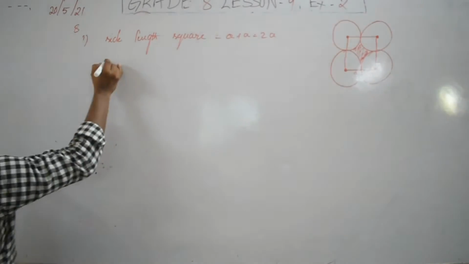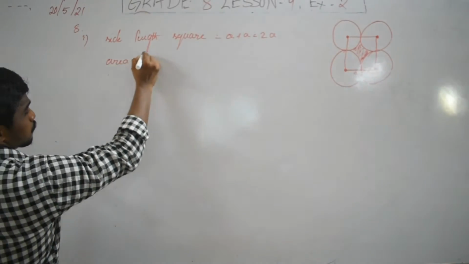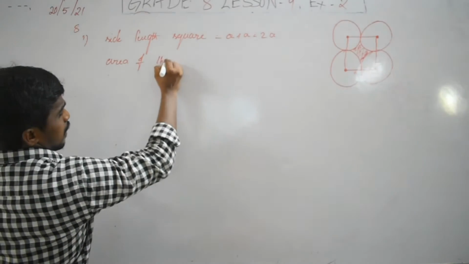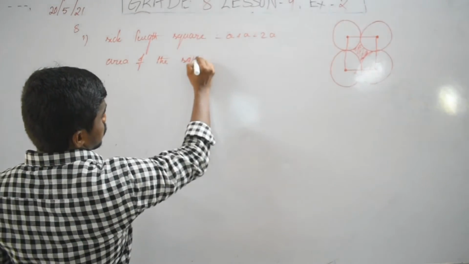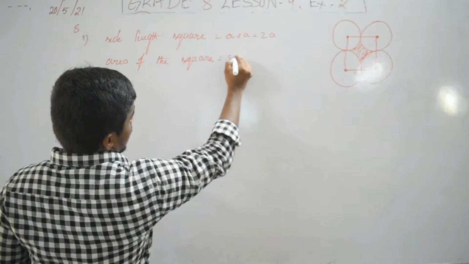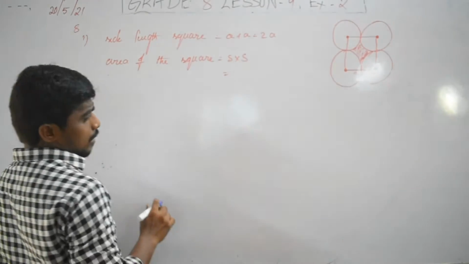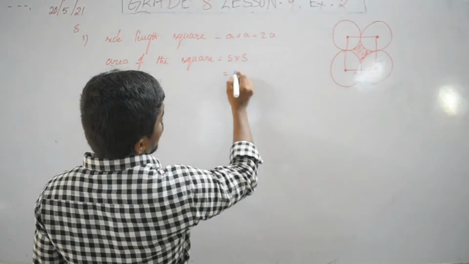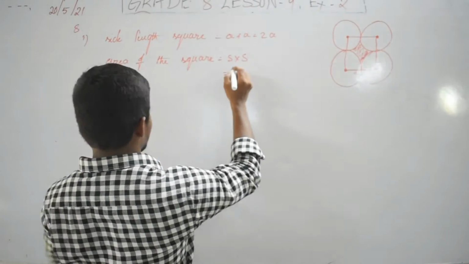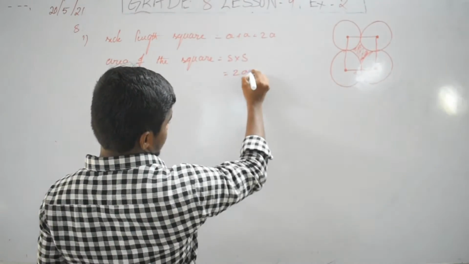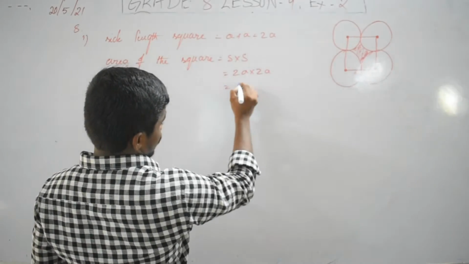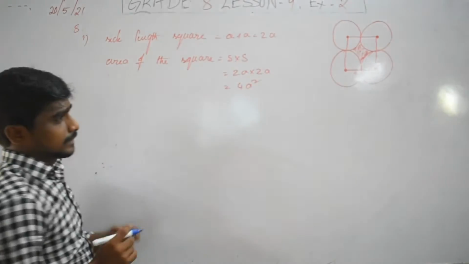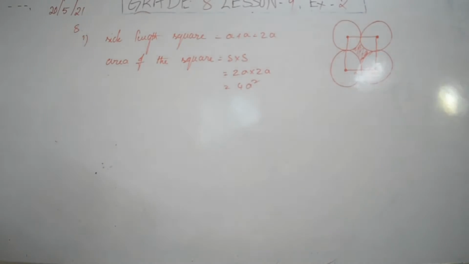Now the area of the square is side into side, 2a times 2a, which is 4a square. That is the area of the square.